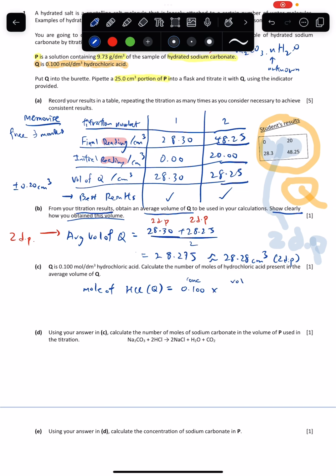So do take note, another trap, volume needs to change to dm cube. They love to give cm cube. In case you don't remember, cm cube to dm cube is an easy conversion because cm cube is milliliter, dm cube is liter. So you just need to divide by 1000. So you use your average volume, 28.28 over 1000.